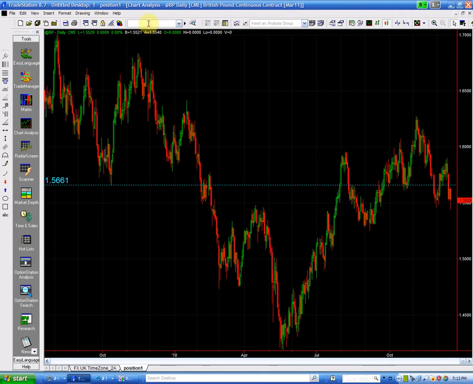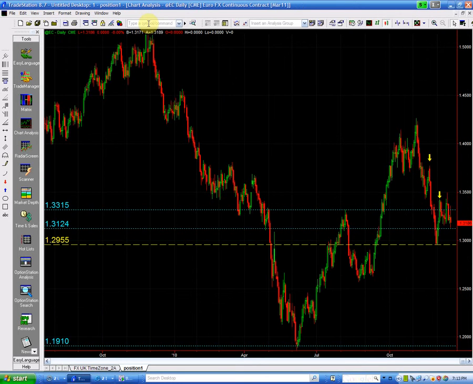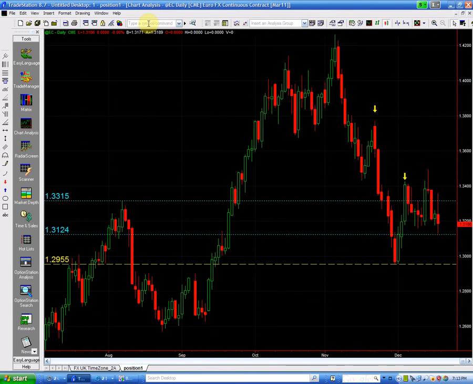And if we're going to look at the euro, it is pretty much the same as the British pound.